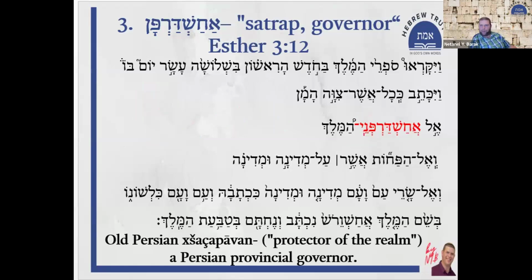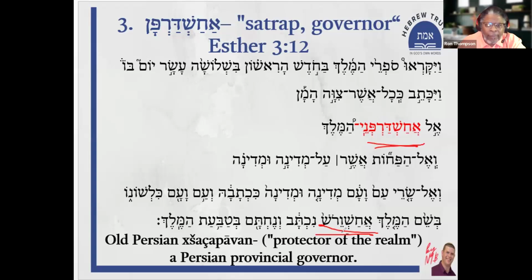Now, the word achashdarpan comes from the Persian chashtrapavan, which is the protector of the realm or the protector of the province. You asked about the connection to Achashverosh, right, Ron? Yes. Okay.